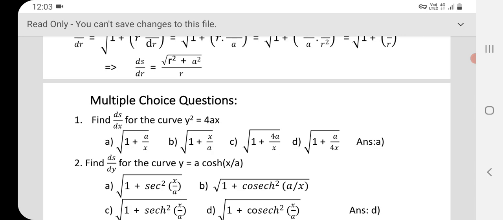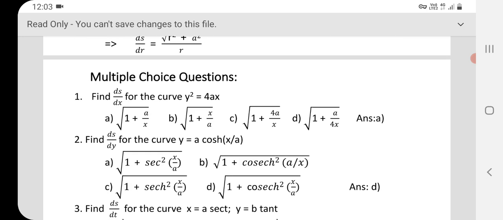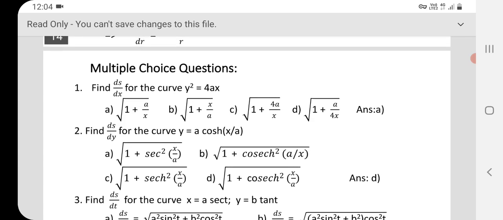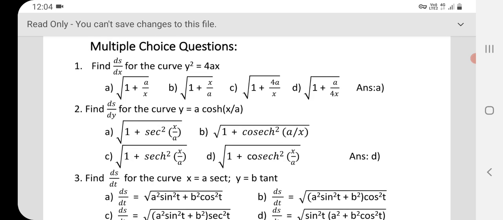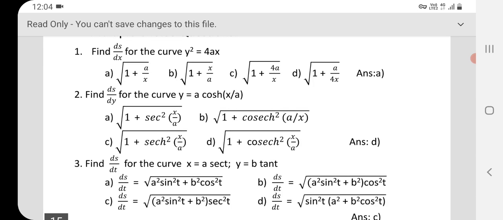So now let us see some multiple choice questions on the basis of the above ideas. The first one, find ds by dx for the curve y square is equal to 4ax. Now for this solution, the option is A. Second one, find ds by dy for the curve y equals a into cosh x by a.